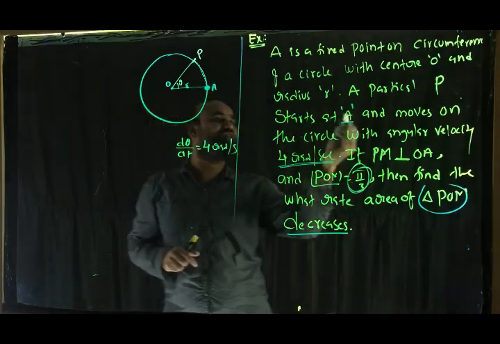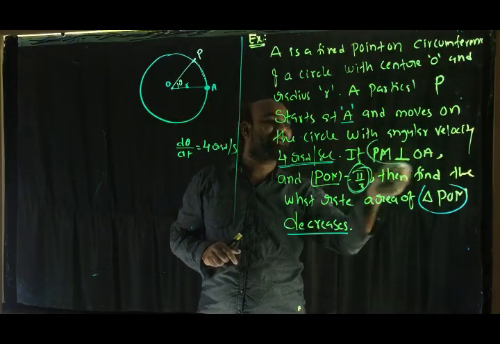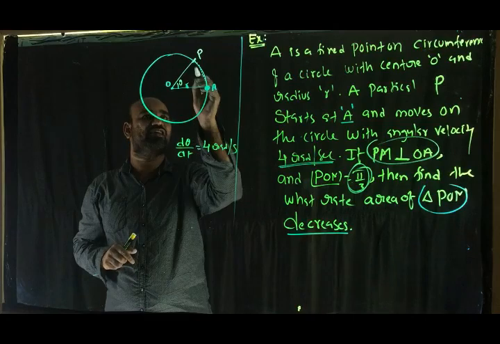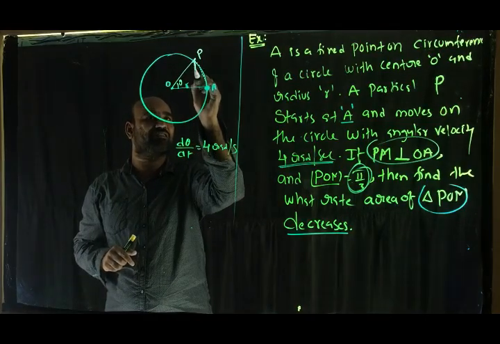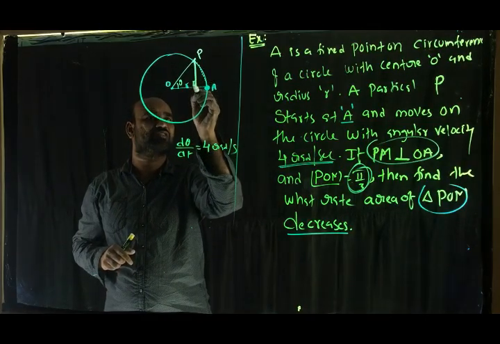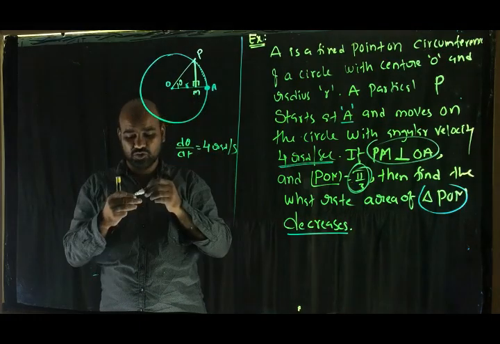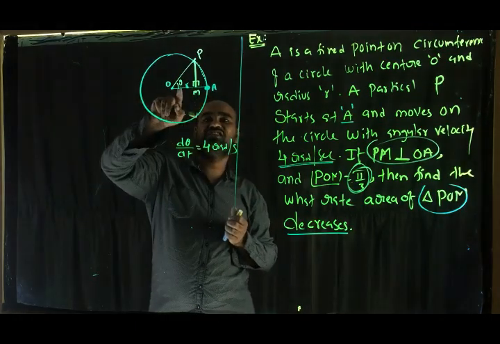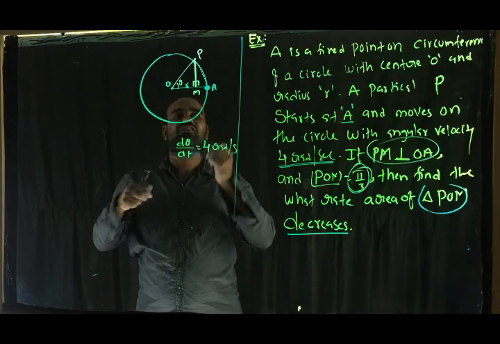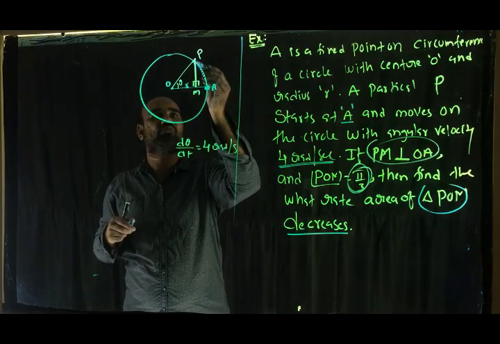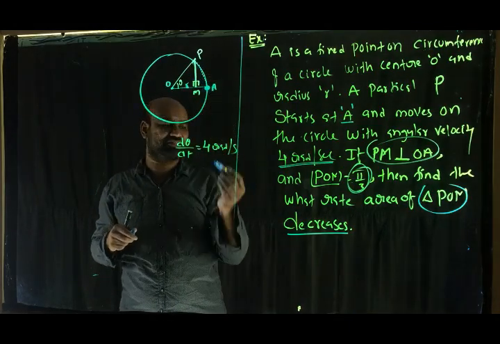One more piece of information is given here: PM is perpendicular, so we need to draw the perpendicular. This is M. Observe here, theta is changing, so the area of the triangle will change.